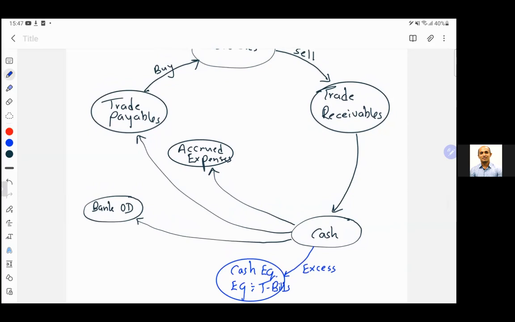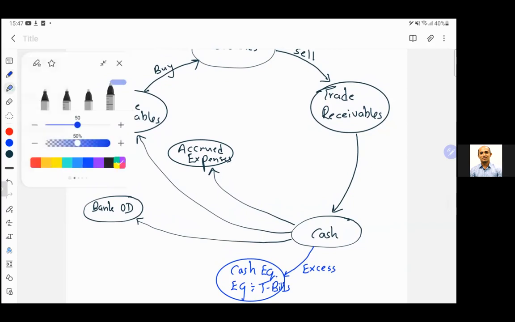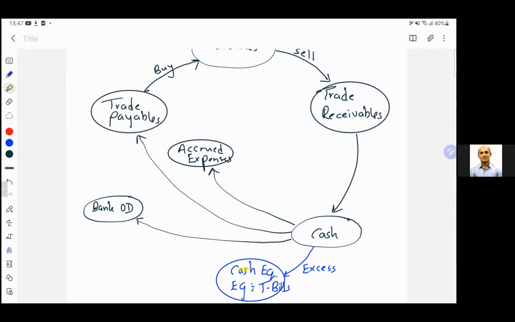There are situations where these cash equivalents are not available to pay your day-to-day expenses. Now you invest in treasury bills. If you need money, you can withdraw the investment and get the money back.